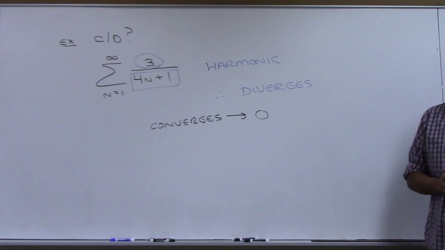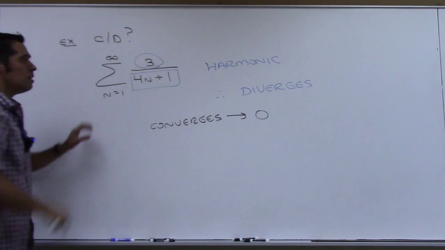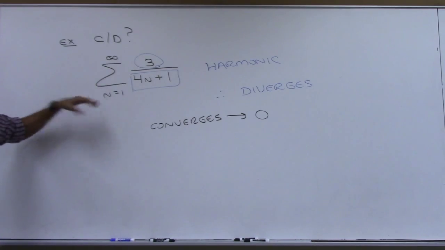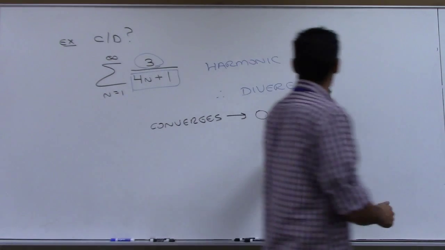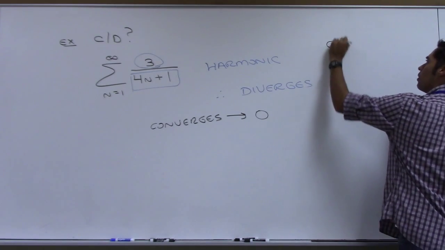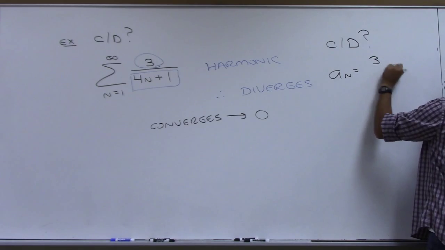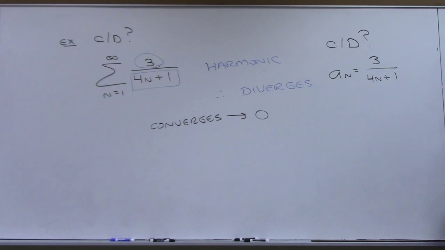How would you know if you're looking for a series or non-series? This notation. If I give you the series with this notation, then you know I'm looking at that. In contrast, if I asked converge or diverge and put a sub n, a sub n is 3 over 4n plus 1, then you just let n go to infinity there.